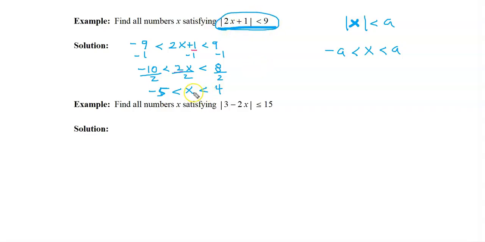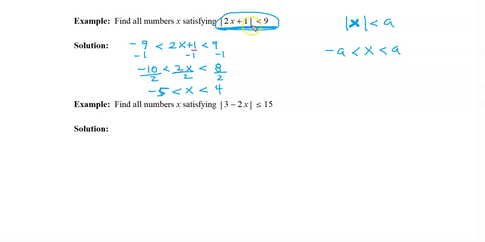For example, if I say x is 3, notice that if we put 3 in here for x, we get 6 plus 1, that's 7. The absolute value of 7 is less than 9. On the other hand, if I pick a number x that is not in here, like say 6, if I put 6 in here for x, I get 12 plus 1, that's 13.